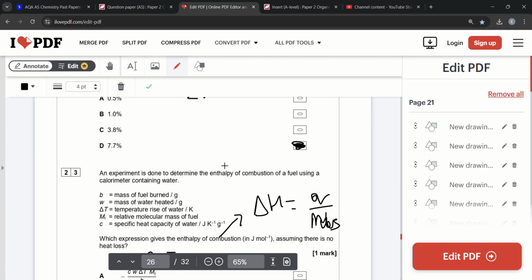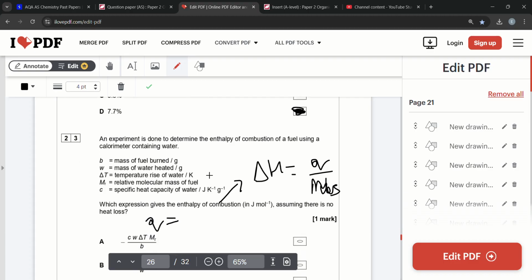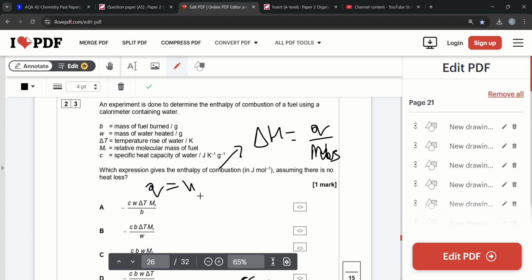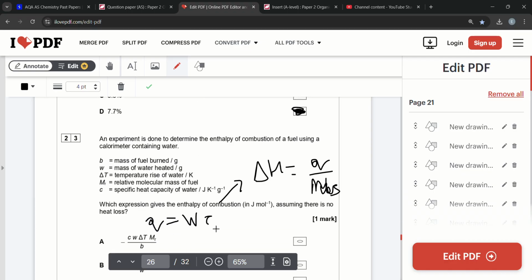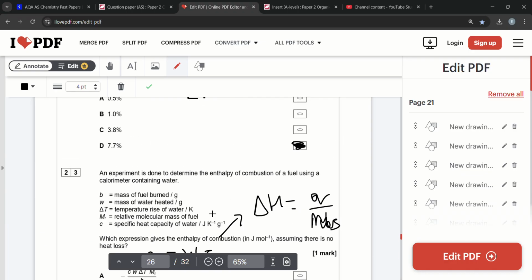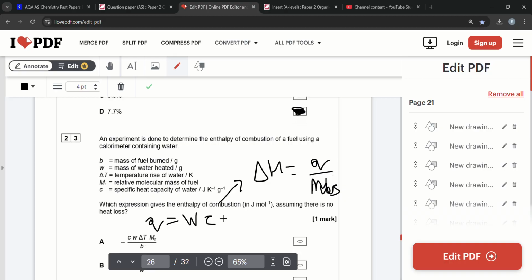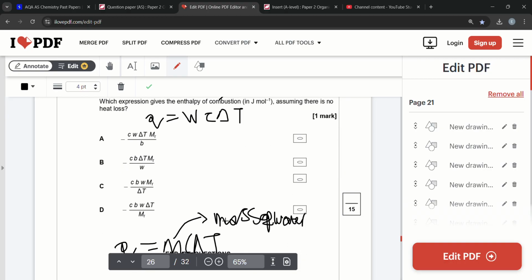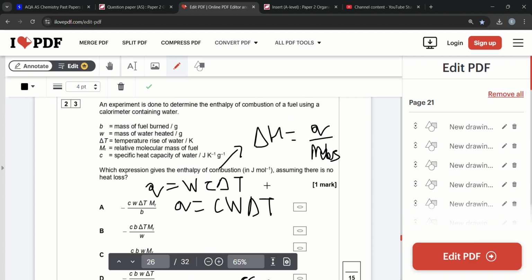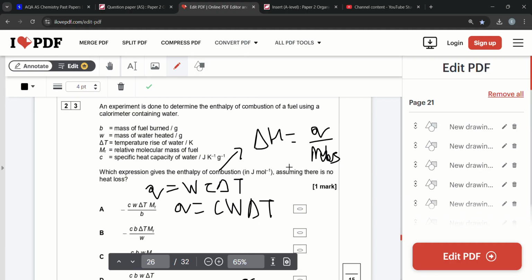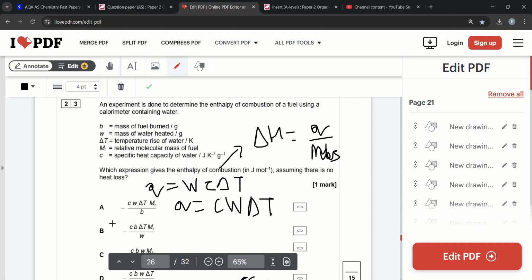So it's going to be the mass of water, W, times by C, which is just C, times by delta T. Does it look like any of these? Let's rearrange it to make C first. Delta T. Now delta H is Q, which is this.